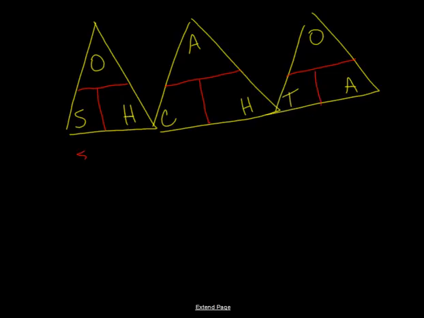The sine is the opposite over the hypotenuse. Cosine is adjacent over hypotenuse. Tangent is the opposite over adjacent.